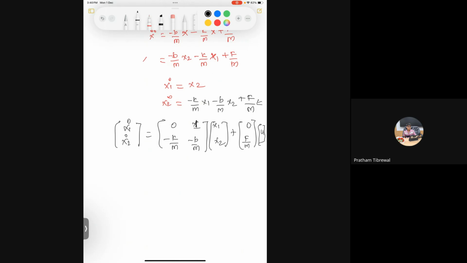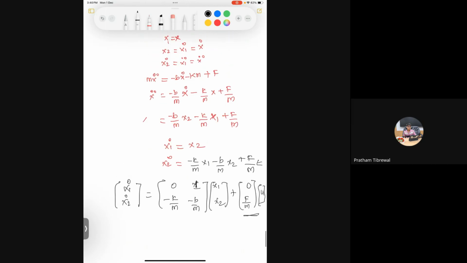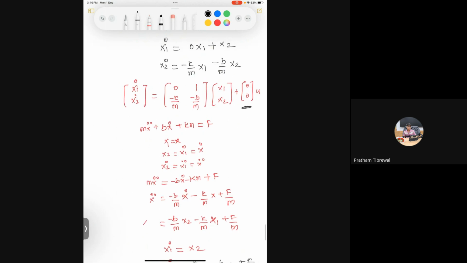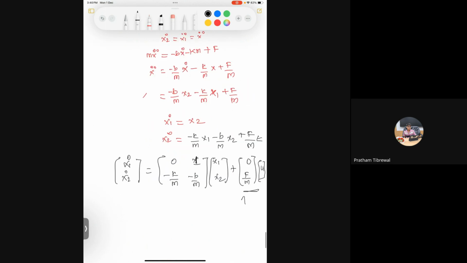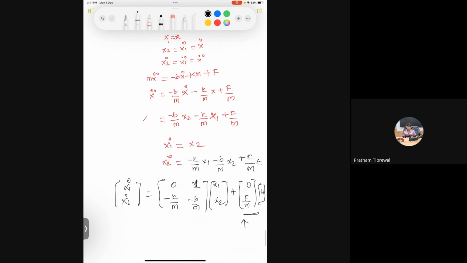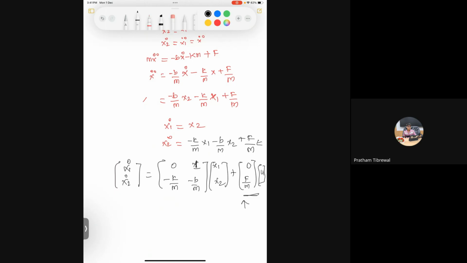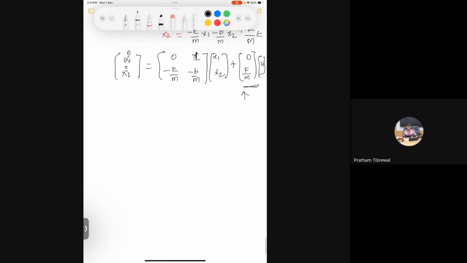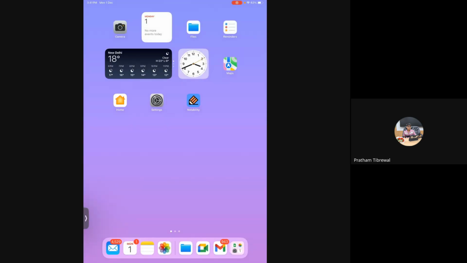Otherwise, if it is two inputs, it will be u1, u2. So when compared to this equation, the B matrix changed, right? If you consider input is 0, B matrix will be 0. If you consider input, B matrix will have some non-zero entry. I hope this is clear. If you have any doubt, please pause me in between.